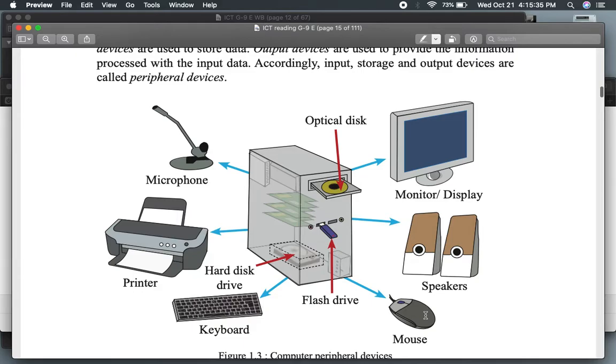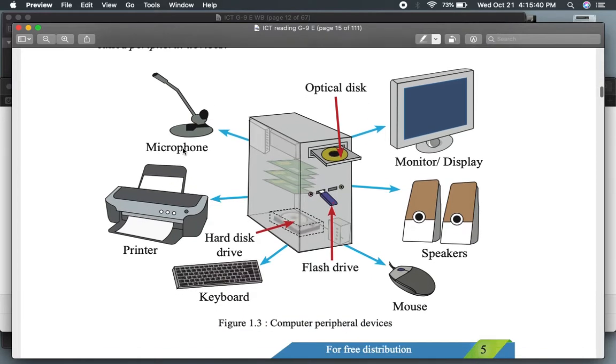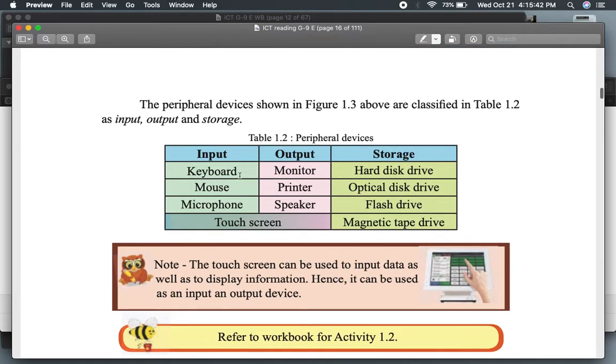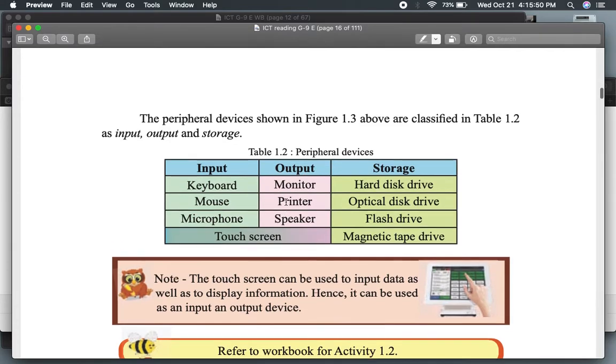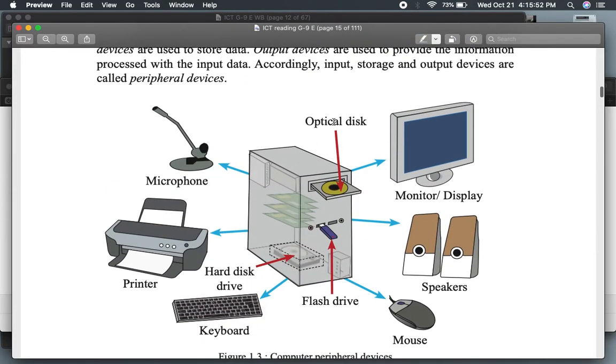Keyboard, mouse and microphone are input devices. Then output, in pink: monitor, printer, speaker. So the output devices are the monitor, printer and the speaker.